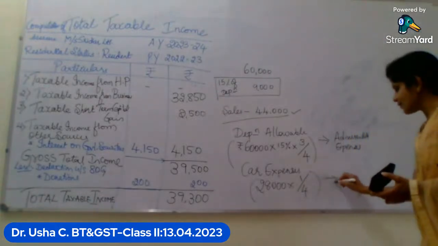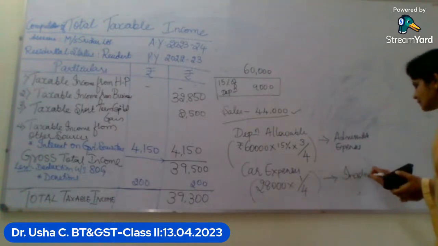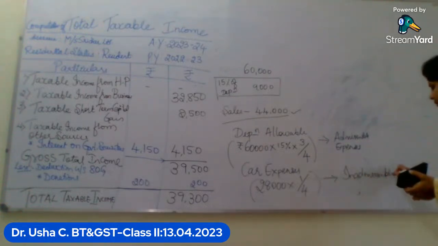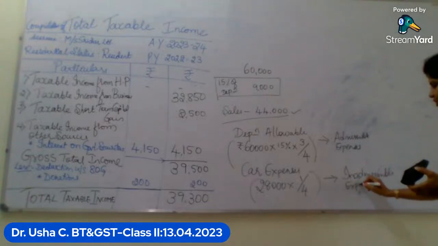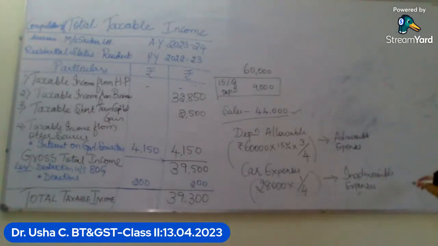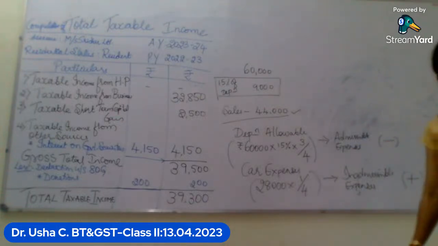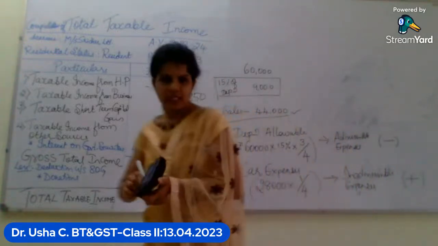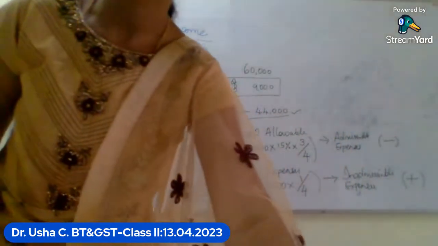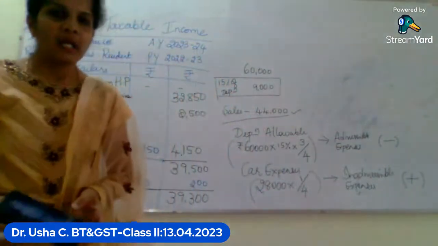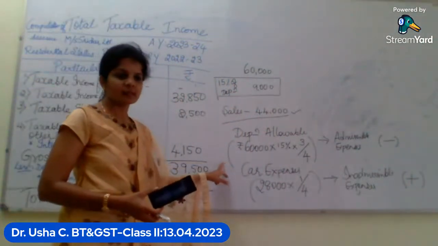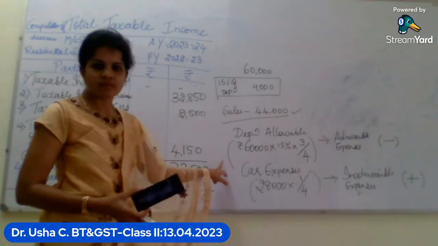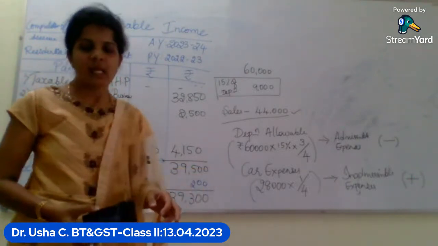So this is inadmissible expenses. Inadmissible expenses which are debited to the profit and loss account must be added back, and allowable expenses not debited must be deducted. Got it? Everyone understood? Is there any other doubt for this? Okay, next.